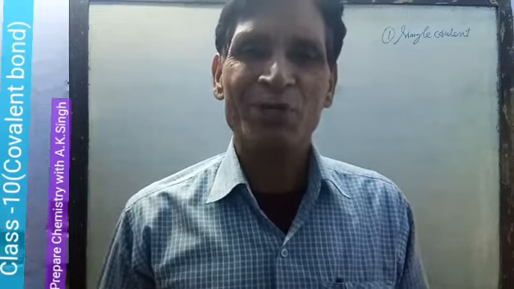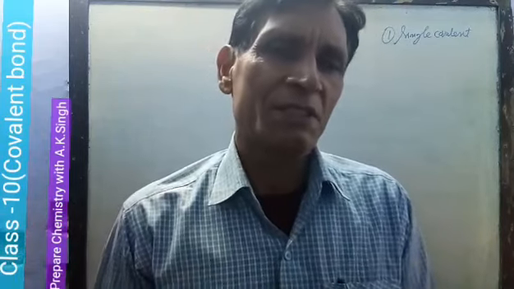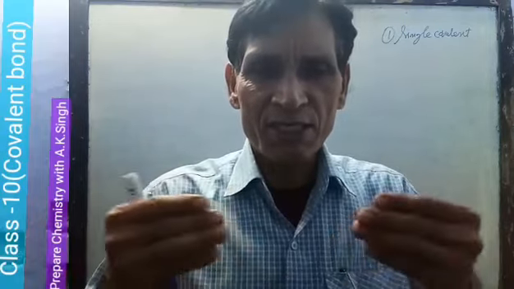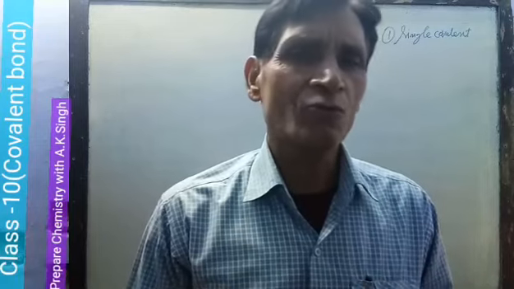A covalent bond formed by sharing of only one pair of electron is called single covalent bond. That is, shared electron pair is only one. Both atoms are contributing only one electron to make the shared pair. Then the bond is single covalent bond.